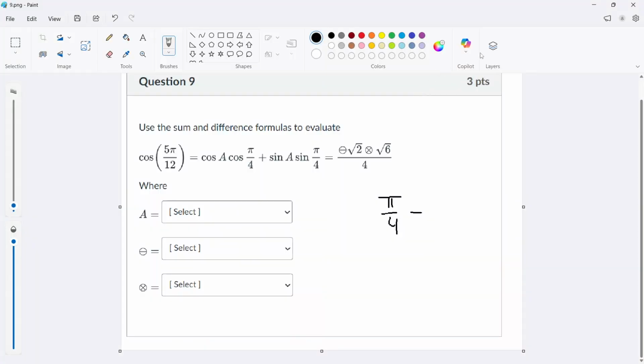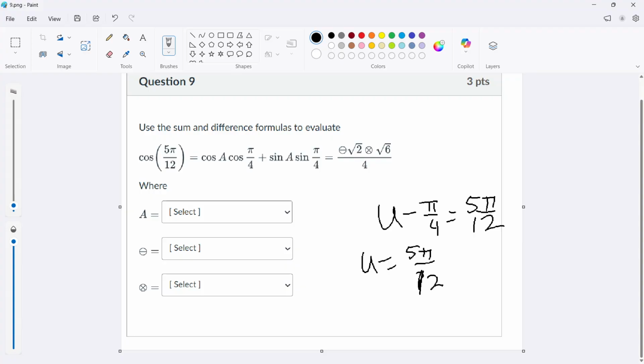So it's, whatever, I'll call it u. u minus pi over 4 equals 5 pi over 12. So u equals 5 pi over 12 plus pi over 4. Well, pi over 4 is 3 pi over 12.